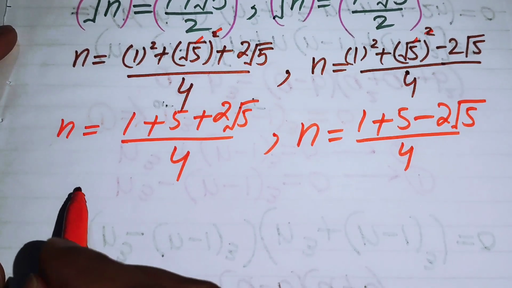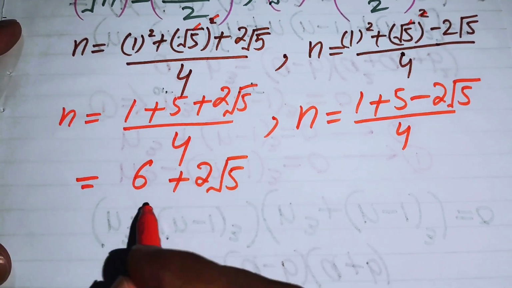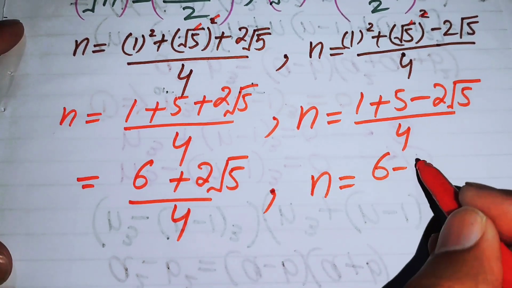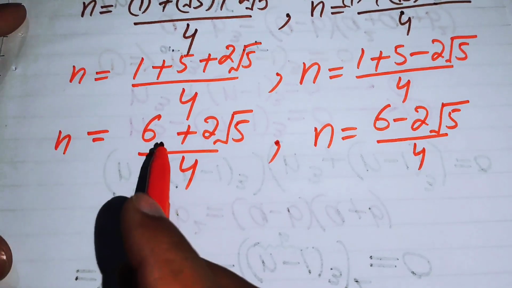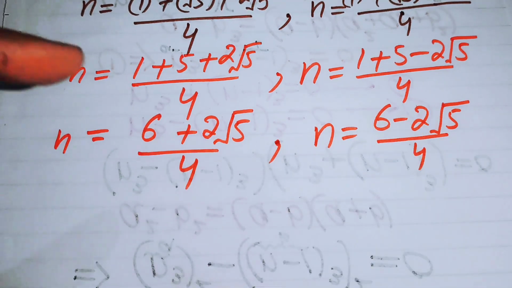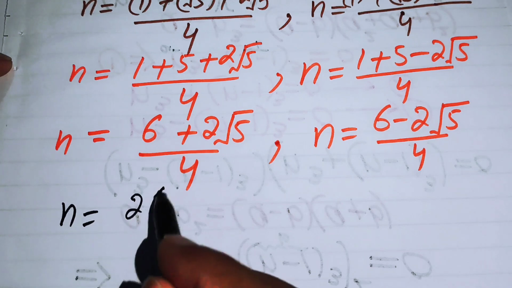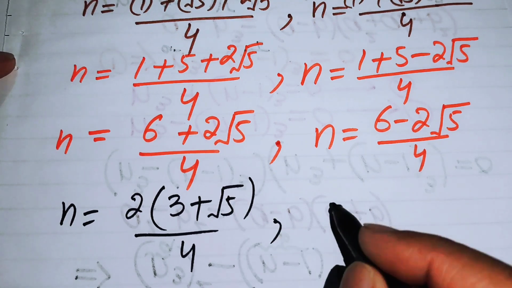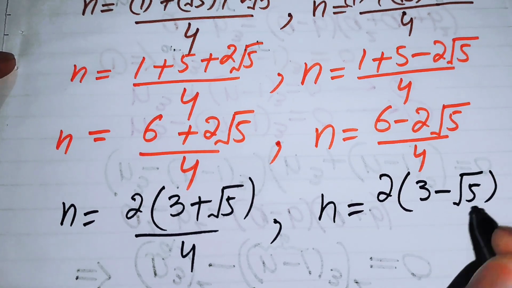Now we take common 2 from each and obtain n equals 2 times 3 plus square root of 5 over 4, and similarly n equals 2 times 3 minus square root of 5 over 4.